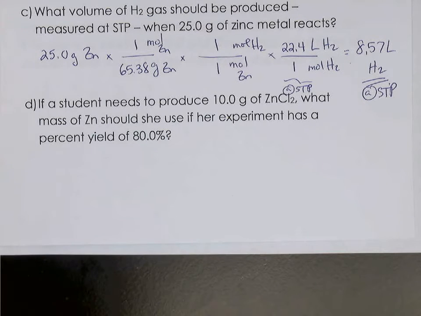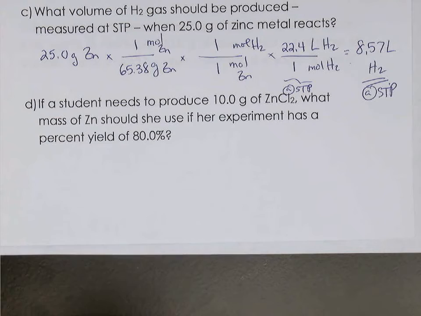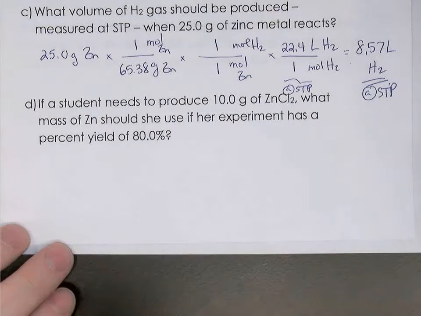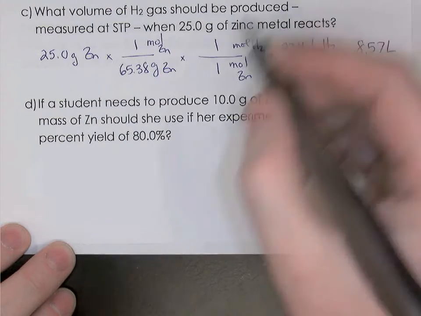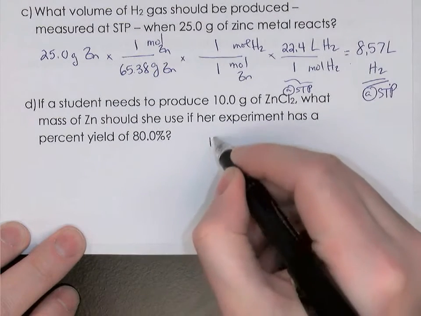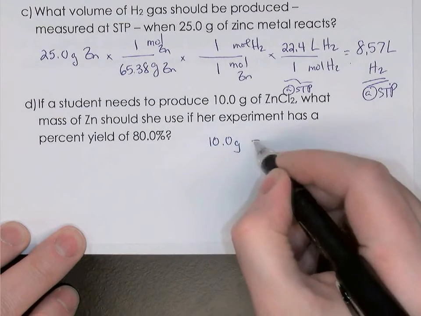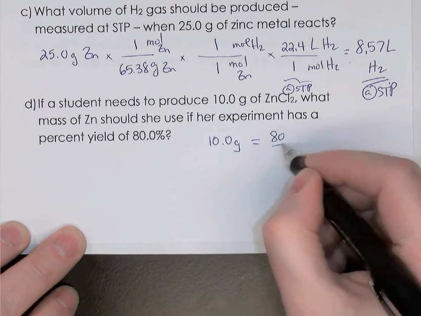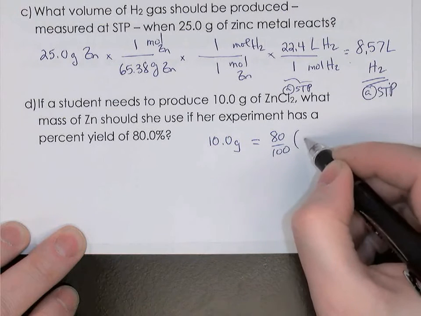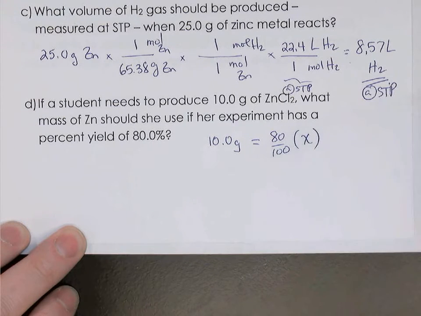But if I must have 10 grams, then how much should I aim for? The answer is, if you're only going to get 80% of what you aim for, aim at something higher. So what we want to say is 10 grams is 80% of what number, right?